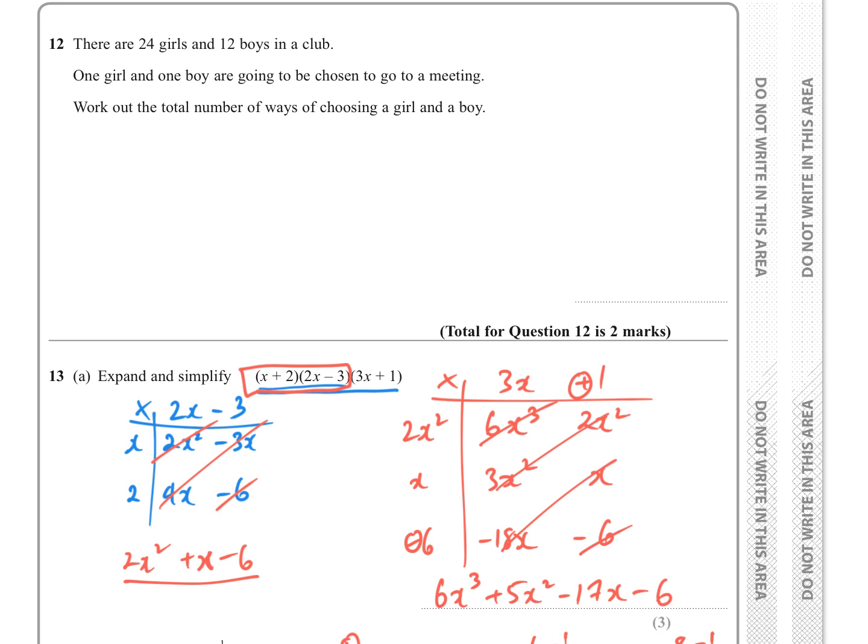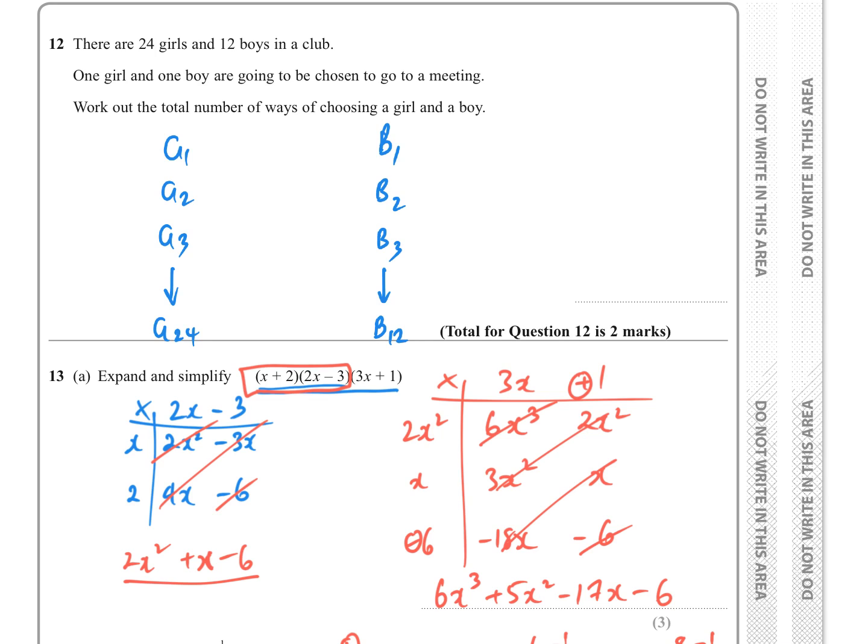Question 12. There are 24 girls and 12 boys in a club. One girl and one boy are going to be chosen to go to a meeting. Work out the total number of ways of choosing a girl and a boy.